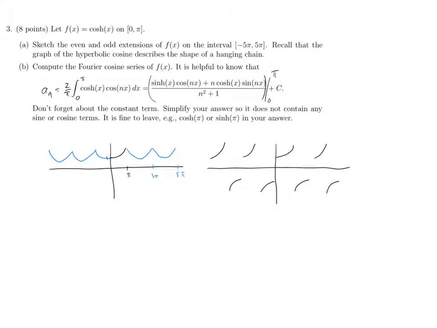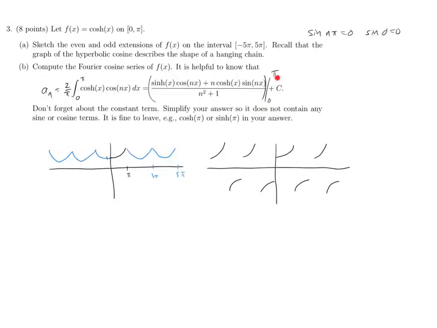So if you plug in, first of all, if you plug 0 into sine, you're going to get 0. Let me just write it like this: sine of n pi equals 0, and sine of 0 equals 0.